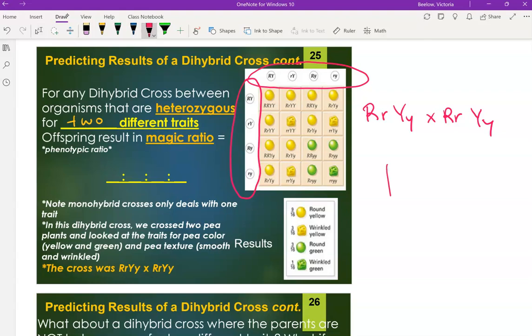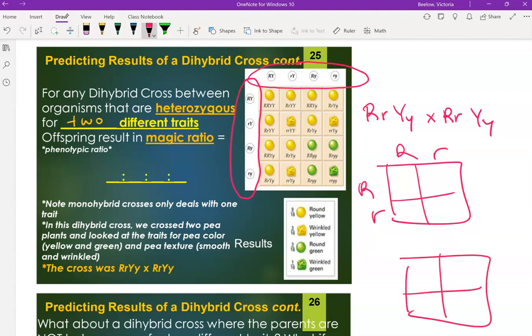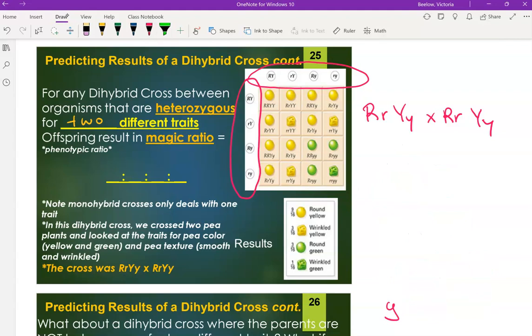So we're not just talking about this, we're also talking about this. What we do is combine those together into one large Punnett square, because again, you get one allele or one trait from each of the parents.